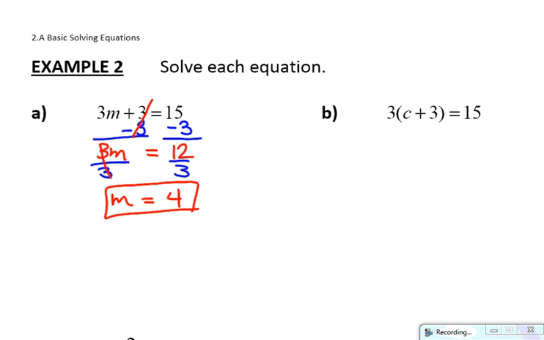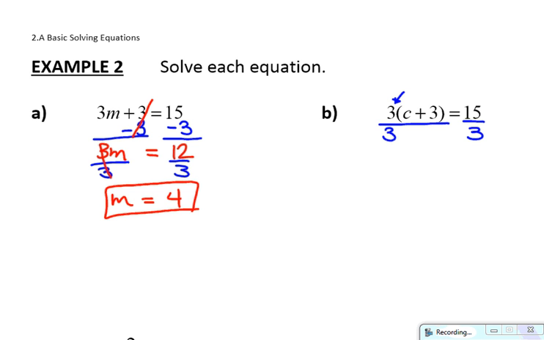For b, there's actually two ways of working this. One way, we could follow those steps of working in reverse. On this one, I have both multiplication and that grouped c plus 3. So one thing we could do would be to divide both sides by 3. Since the 3 is touching the parentheses, it's multiply. To undo it, the inverse is to divide both sides by 3.